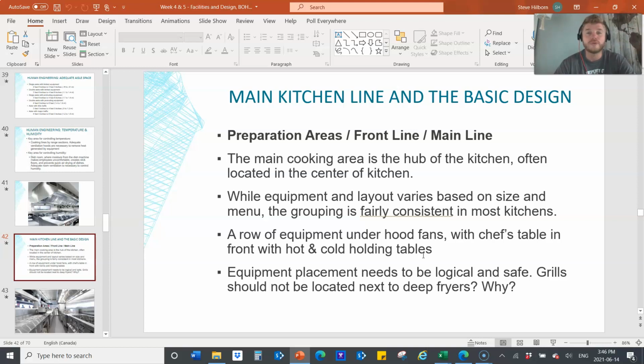I would say hot holding tables and cold holding tables as well, but more so hot, are more important in a retirement home, long-term care, buffet, banquet kind of establishment versus a made-to-order place like a restaurant. So depending, of course, on the style of workplace that you find yourselves in, those hot holding tables will be very important for you.